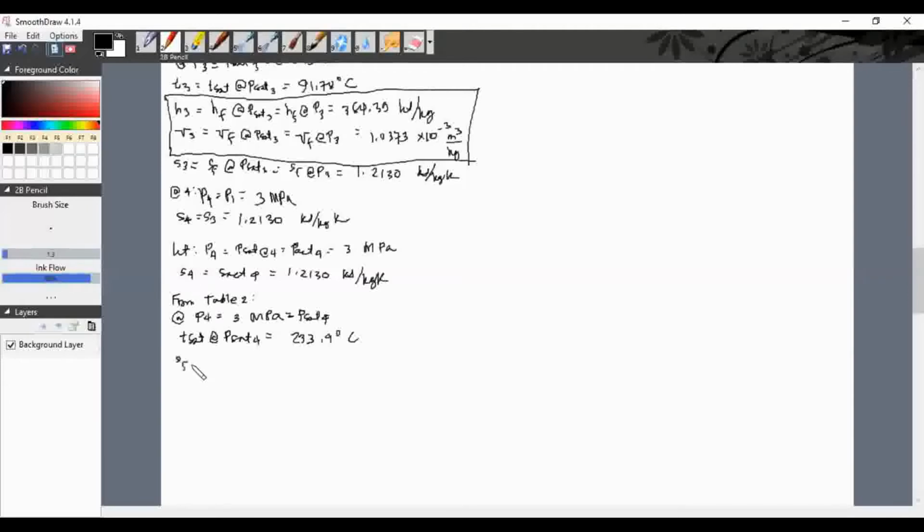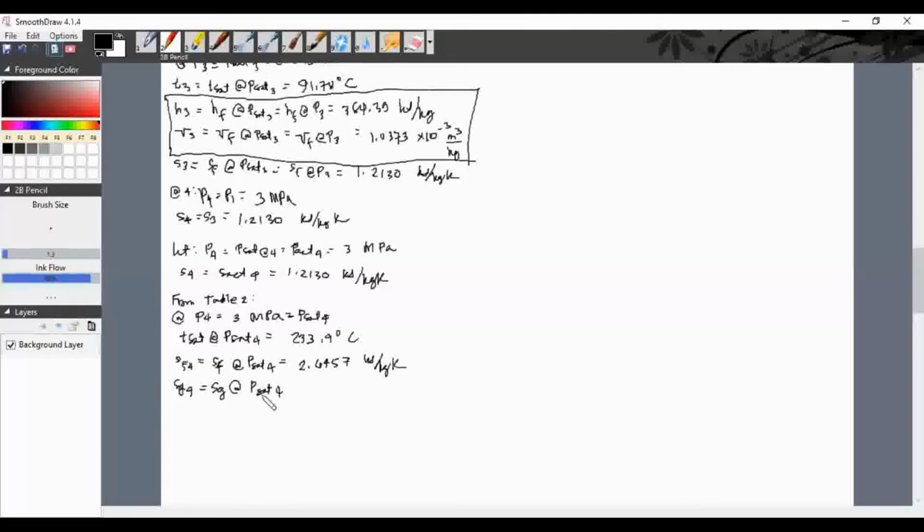And then, since S to, pang compare natin, kunin ko si S sub F at 0.4. That is SF at P, no? Na 3 megapascal, which is equal to 2.6457 kilojoules per kilogram Kelvin. And then SG at 0.4, that is SG at 3 megapascal.